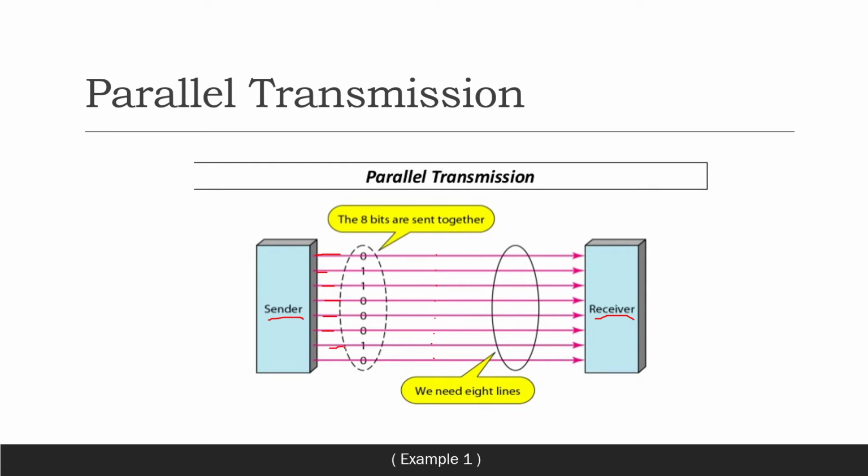Which are those bits? 0, 1, 1, 0, 0, 0, 1 and 0. So these 8 bits are transmitted simultaneously to the receiver side. So this is example number 1, where we can transmit 8 different bits or 1 byte from the transmitter to the receiver.